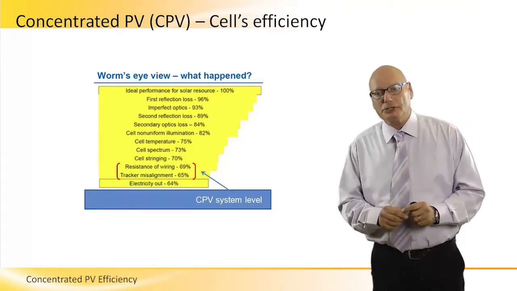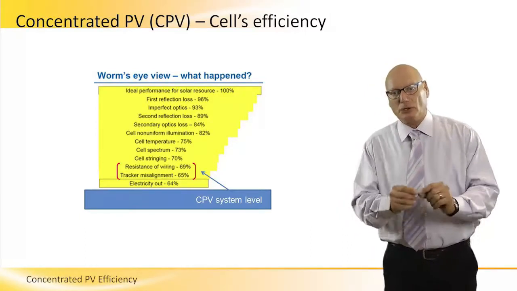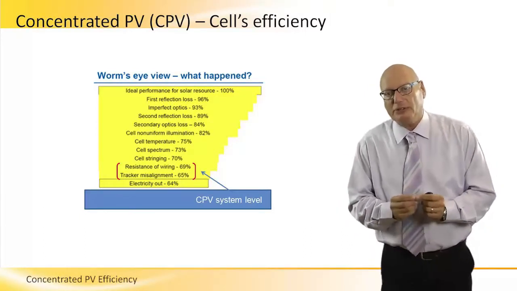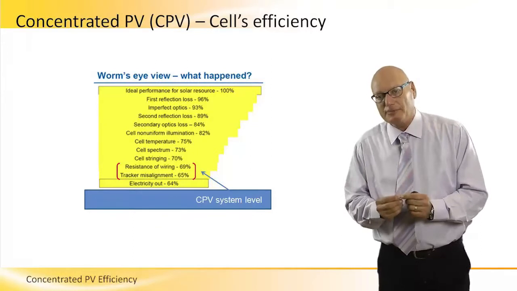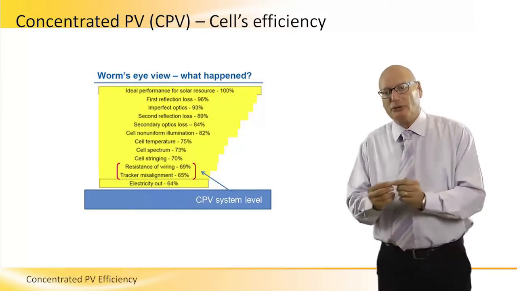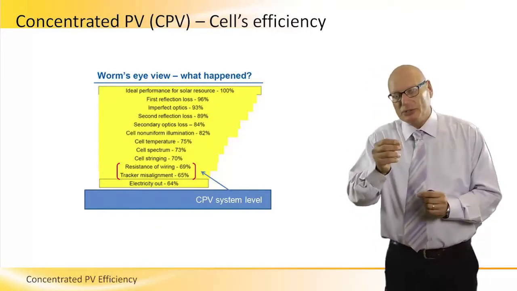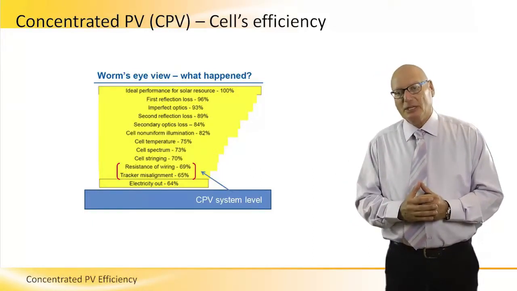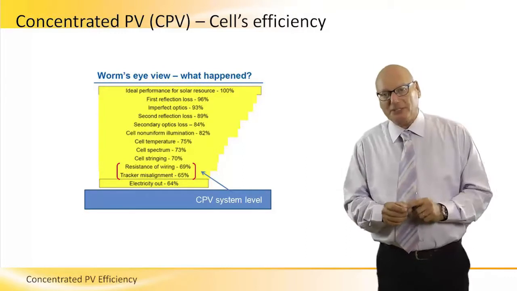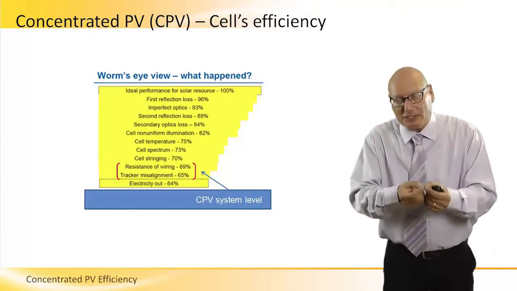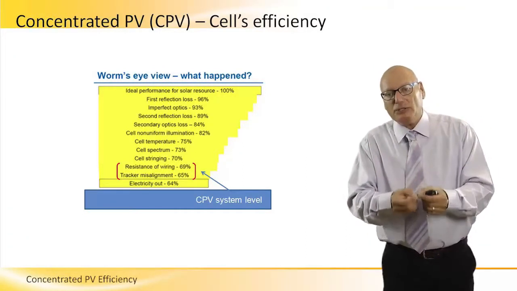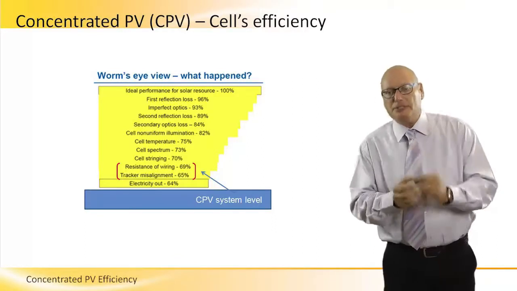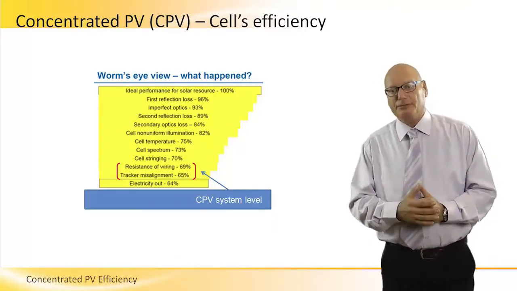Secondary reflection loss, another 4%. So before we hit the cell itself, just because of the secondary reflection loss, we're losing another 4%, going down to 89 already. The secondary optics, the ability to concentrate that light into the optical prism, we lose another 5%.